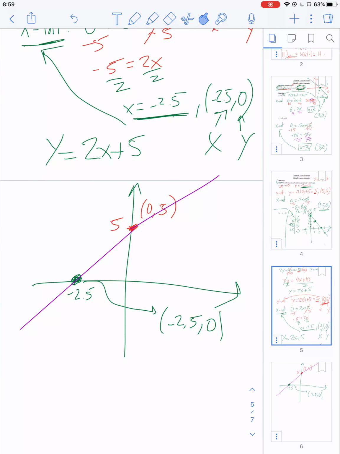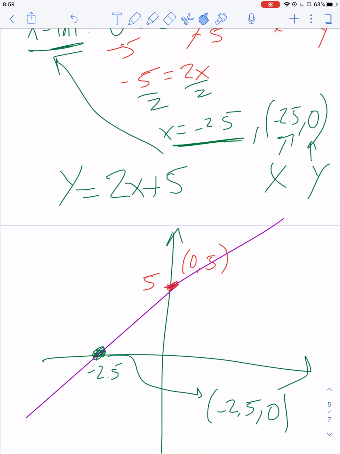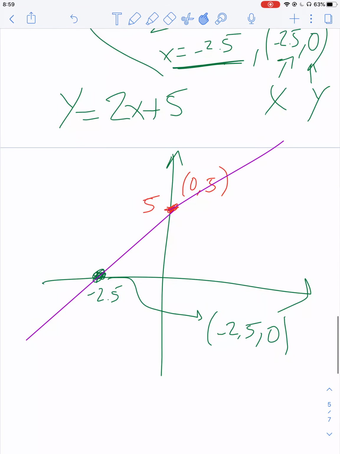But let's not do that, because a sketch sometimes tells you a lot of things, okay? A lot of things that we will cover next week that are important, okay?